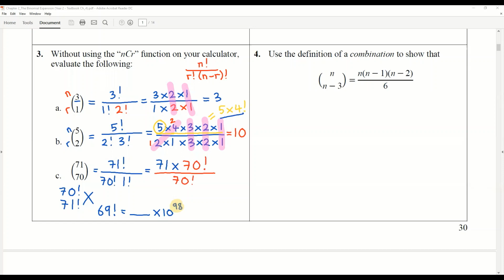Then we get our cancellation. Isn't this nice? So it all cancels, and we're just left with the 71. And you didn't need to use your calculator.